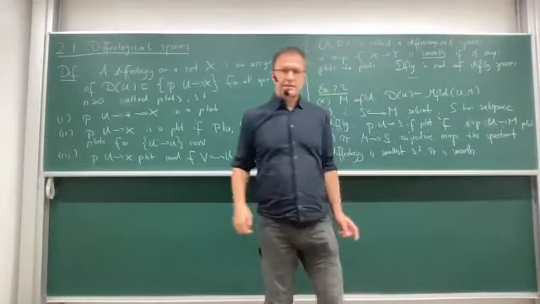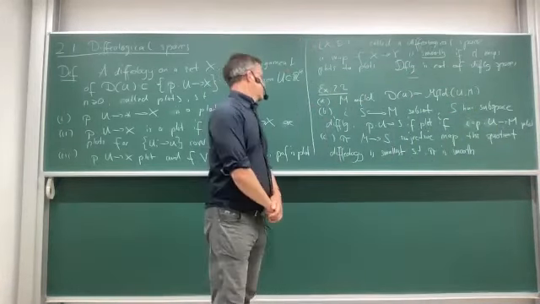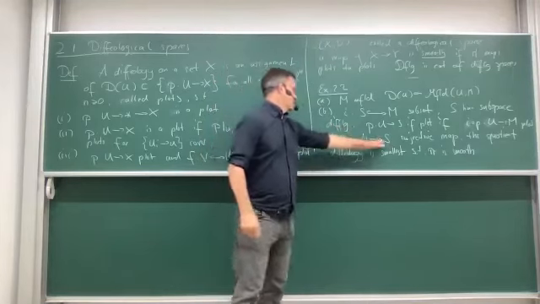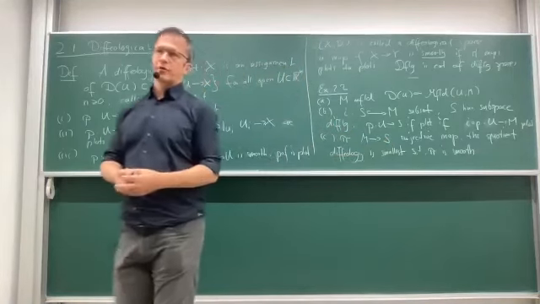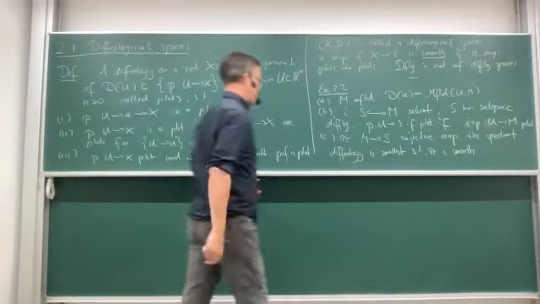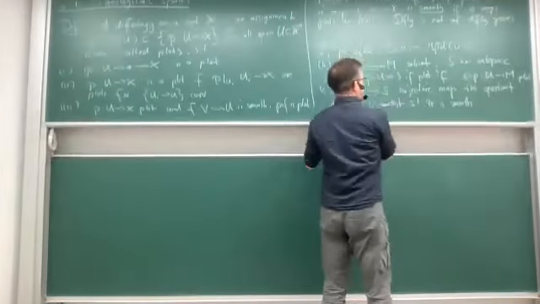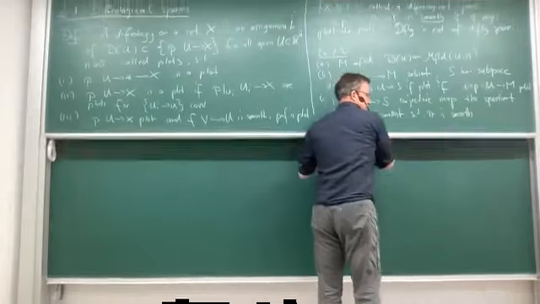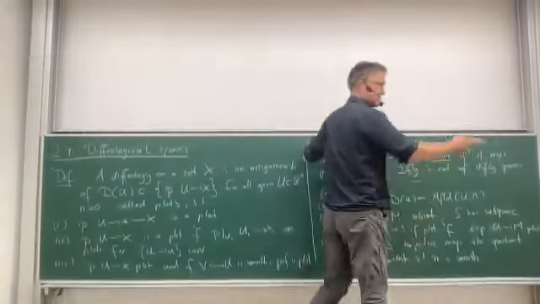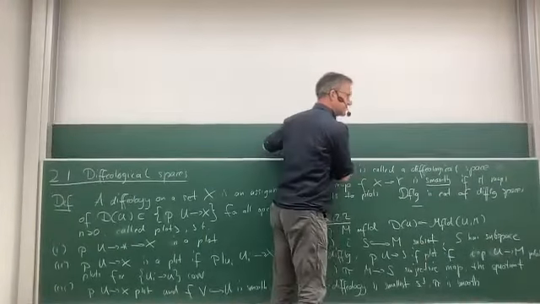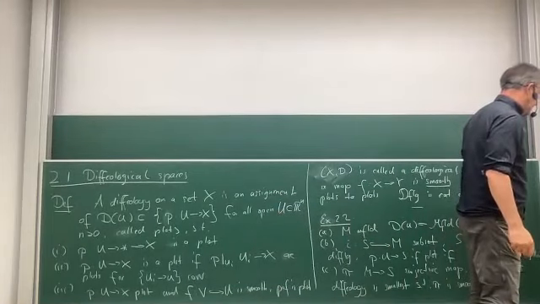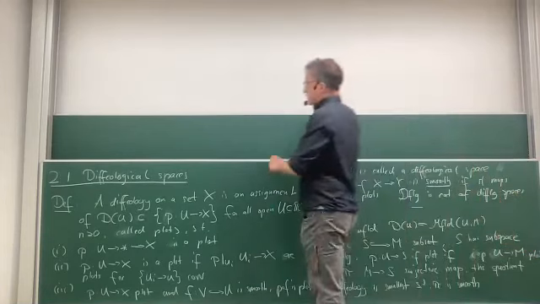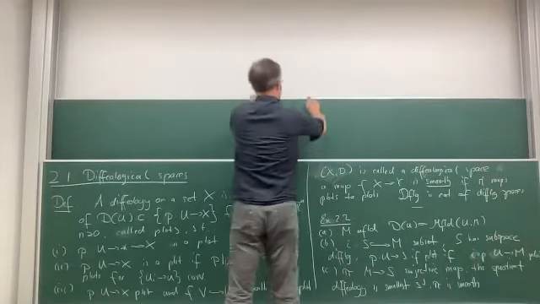Practically it means that every plot in the quotient mapped to S has a local lift around every point, a local lift to a plot upstairs. Okay, good. So that's not so spectacular.